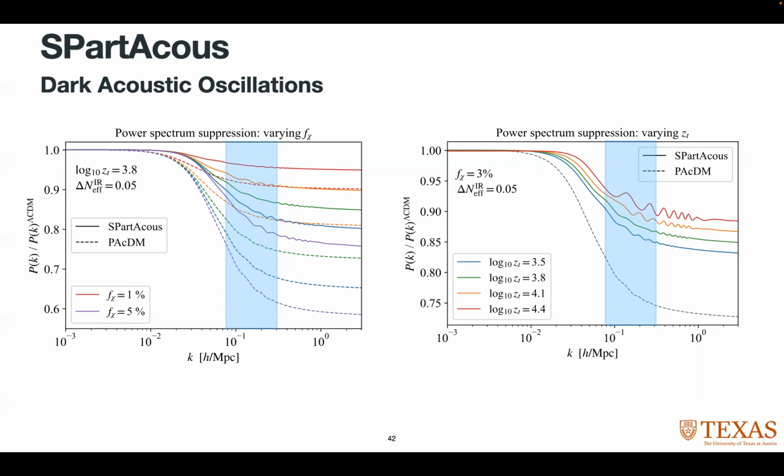Interesting. In your scenario, what would be the maximum fraction you can get? From the data, we see 5% is almost the maximum value we can allow for interacting dark matter in this scenario. I see. Thank you. Does this answer the question?